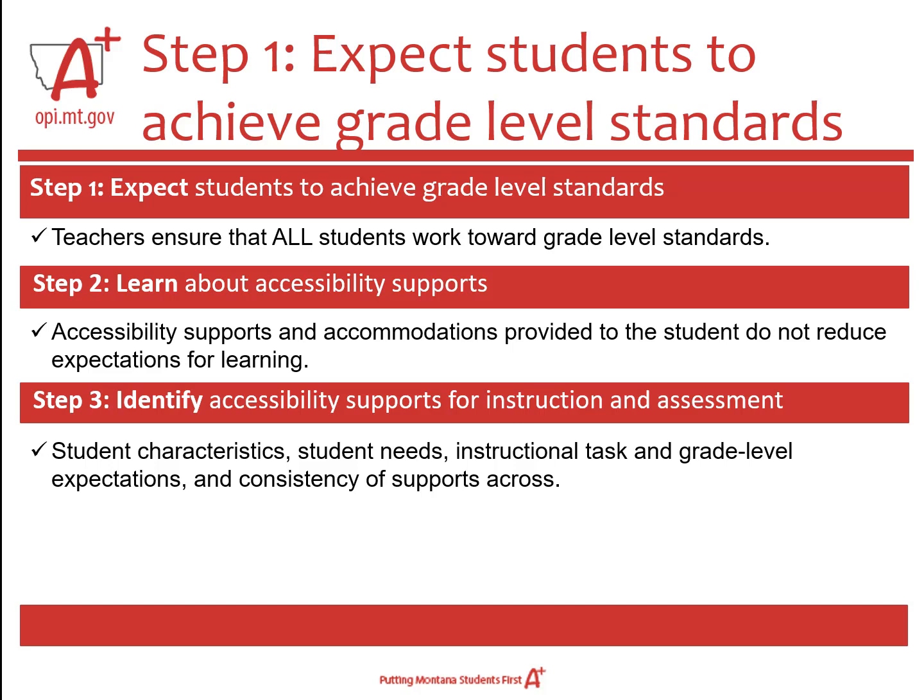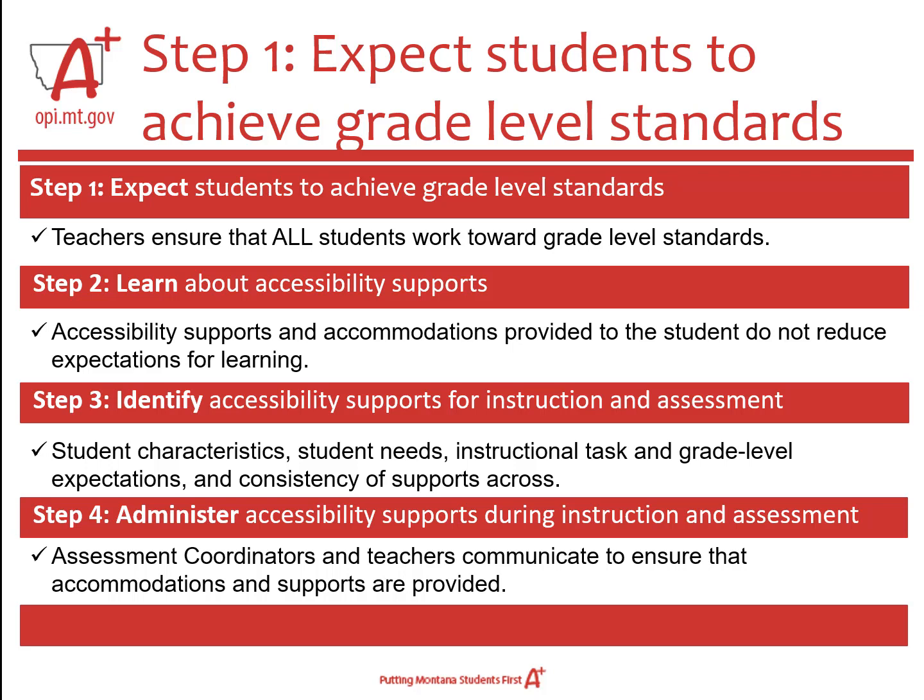To support student-specific disability and need, teachers should review instructional task and grade level expectations, grade level content standards, and how the student will demonstrate proficiency. Once accessibility supports are identified, then the support should be consistent within instruction and assessments in the classroom, district, and statewide.